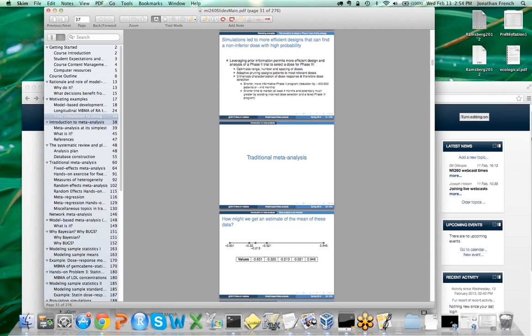And that's going to range from fixed effects meta-analysis, which was very simple, very classical methods developed in the 1950s, to random effects meta-analysis, including things like meta-regression and ways of explaining between study heterogeneity. And then we're going to get into the more modern but still traditional methods, modern methods that grew out of those traditional methods called network meta-analysis.